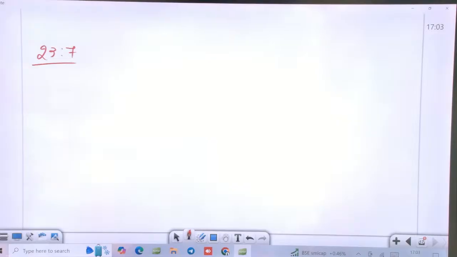Find the rate of interest. See the question.